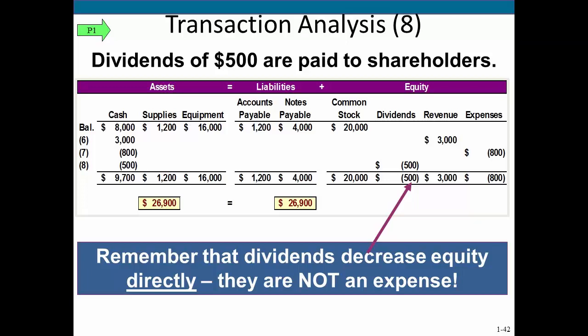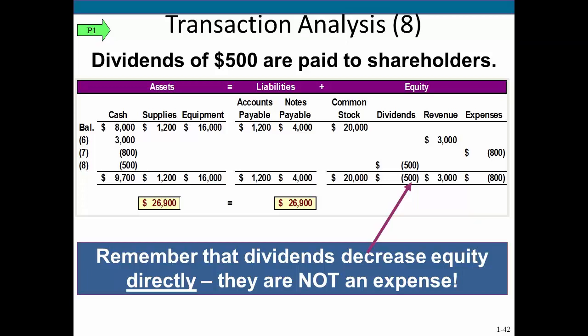The asset account, cash, decreased by $500, and the equity account, dividends, increased by $500. Increases in the dividend account reduce total equity of the company in the same way that expenses decrease equity. The final balances show that total assets are equal to $26,900. The total of the liabilities plus equity has the same balance.